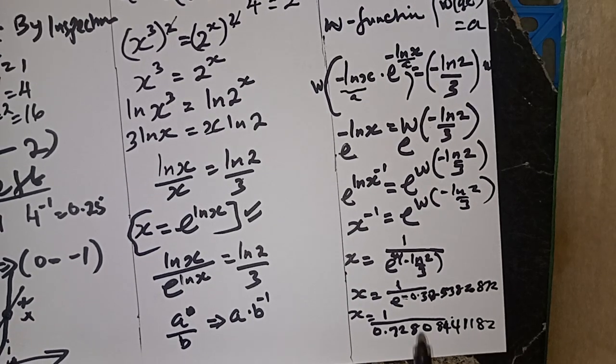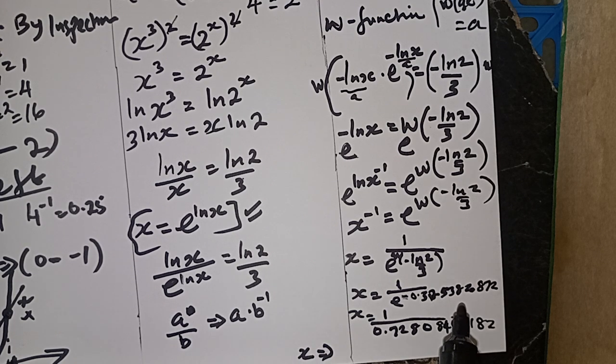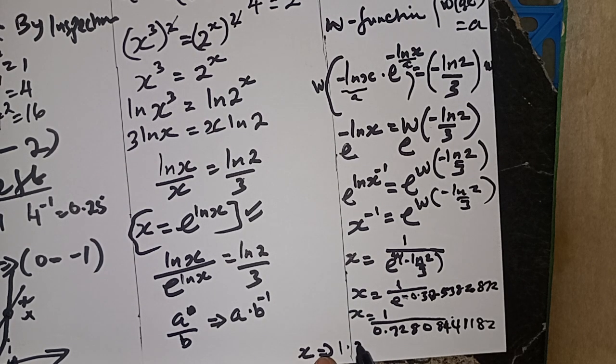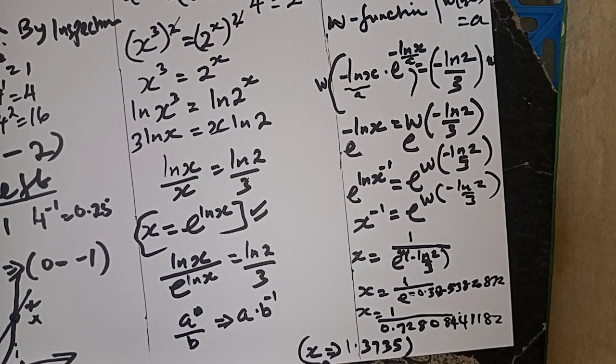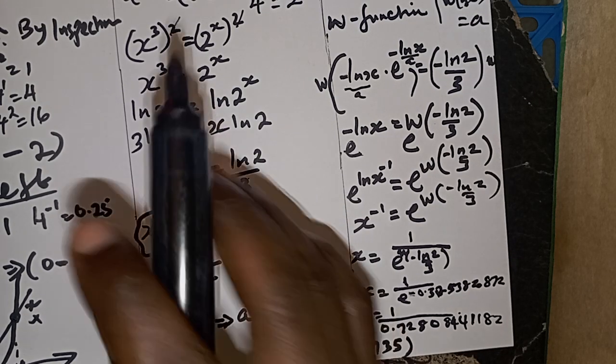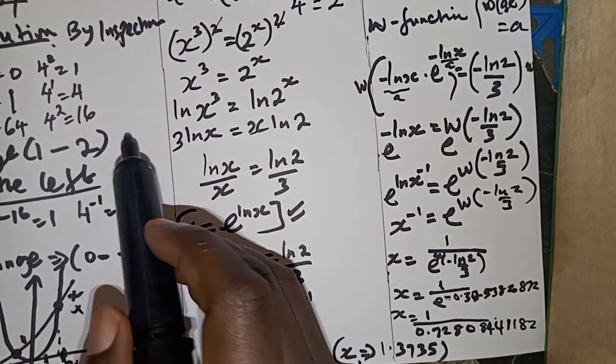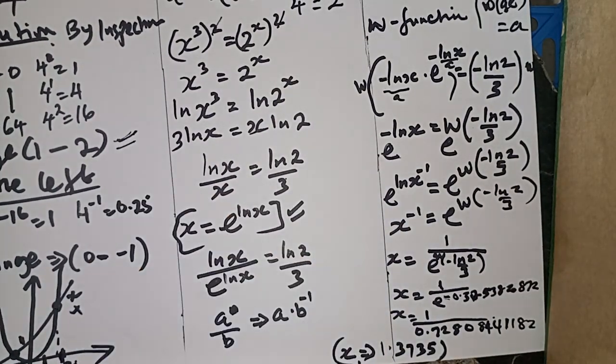Taking the reciprocal of this value, I shall end up getting my value of x as 1.373, as the required value of x, the first one, which we predicted was in that range.